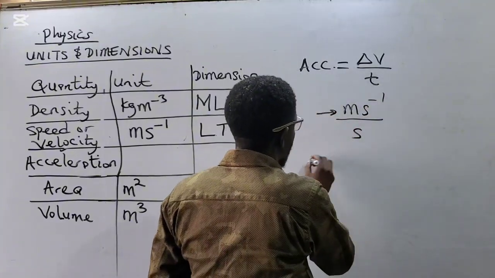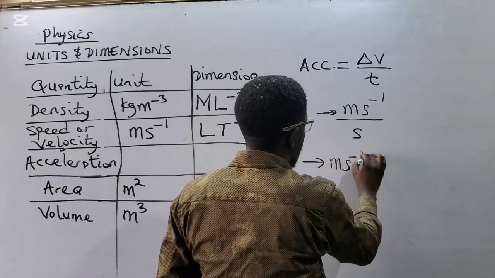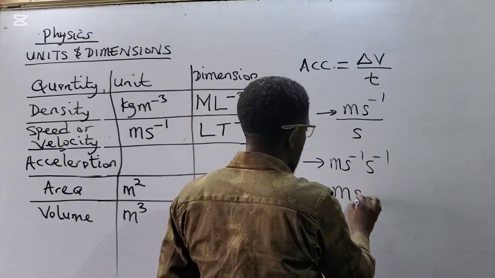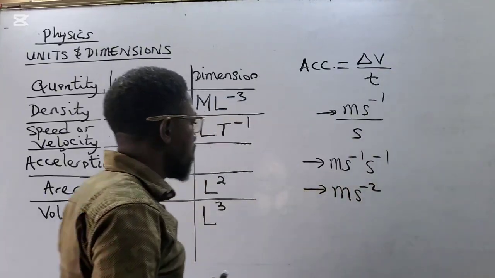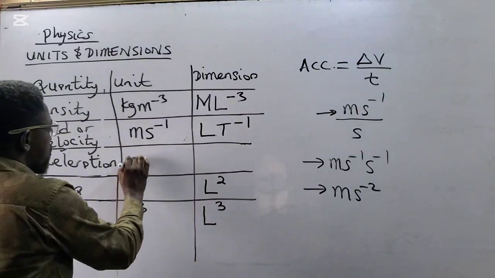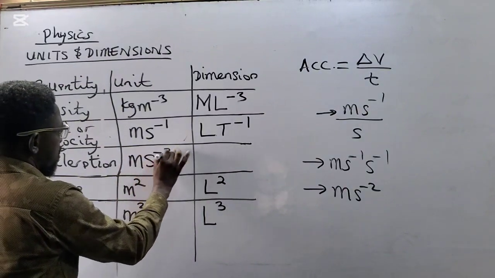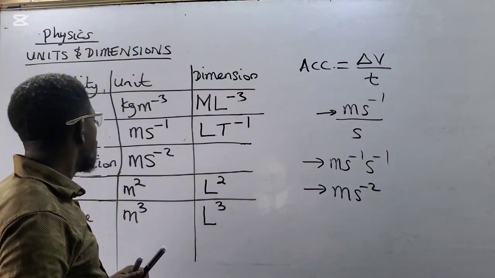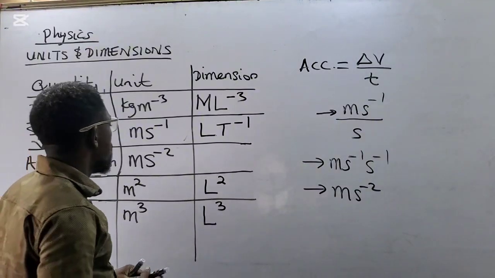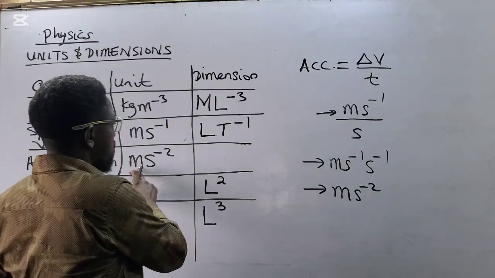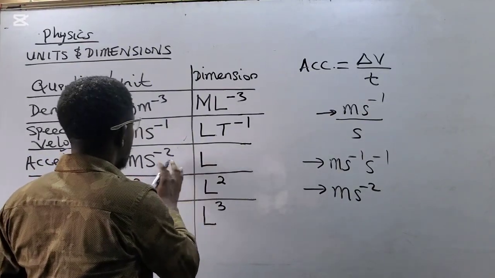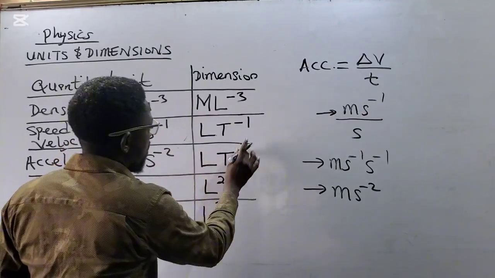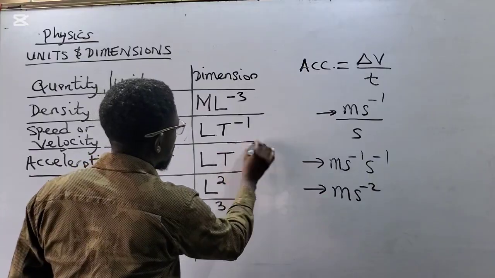So the unit of acceleration becomes meter per second squared. So the dimension of acceleration will now be: the meter speaks of length, the second speaks of time, then to power minus 2.